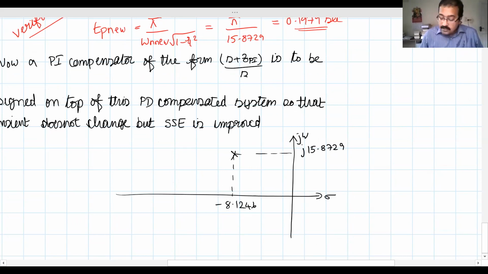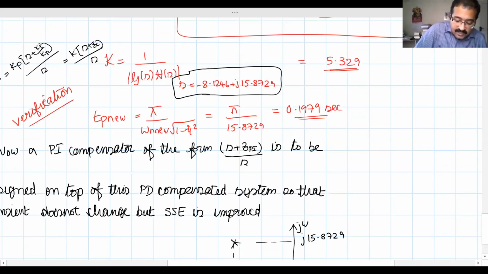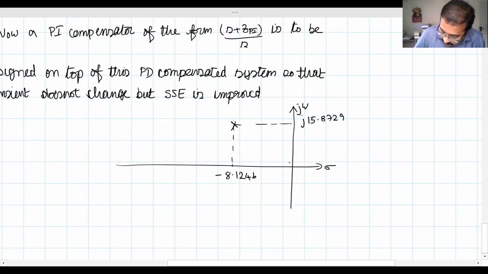Now we will insert the compensator pole. You can see here the PI compensator will insert a pole at the origin. So you are adding a pole at the origin. Compensator pole.